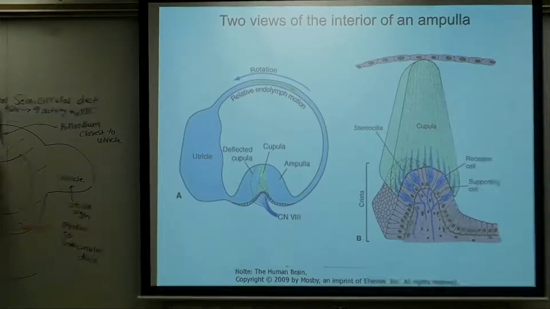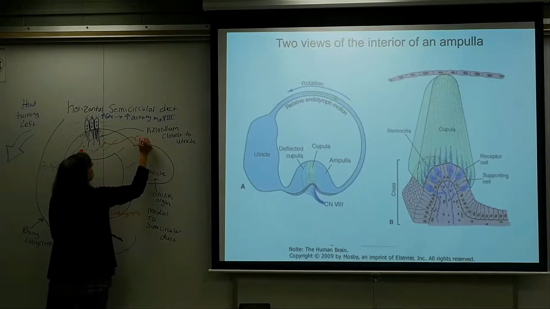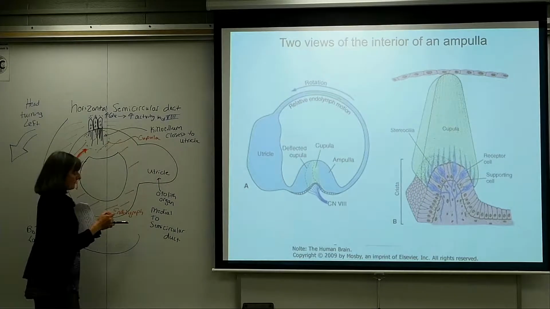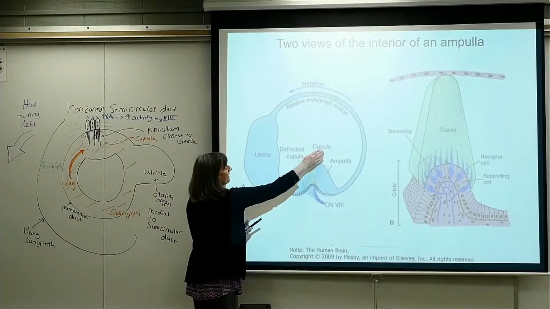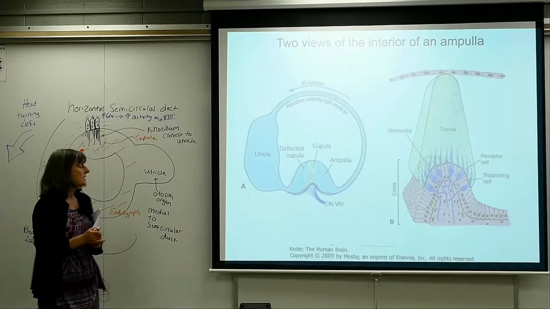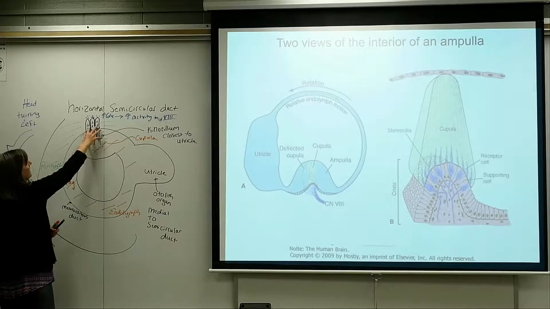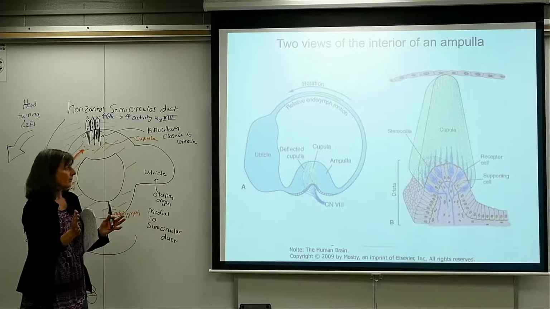So this is called a cupula, that gelatinous mass. So that's the cupula that the hair bundle is embedded in, and here we have it here. So that whole thing is going to be moved in one direction depending on the head movement and the lag of that fluid. That's going to result in moving that hair bundle one way or the other way.